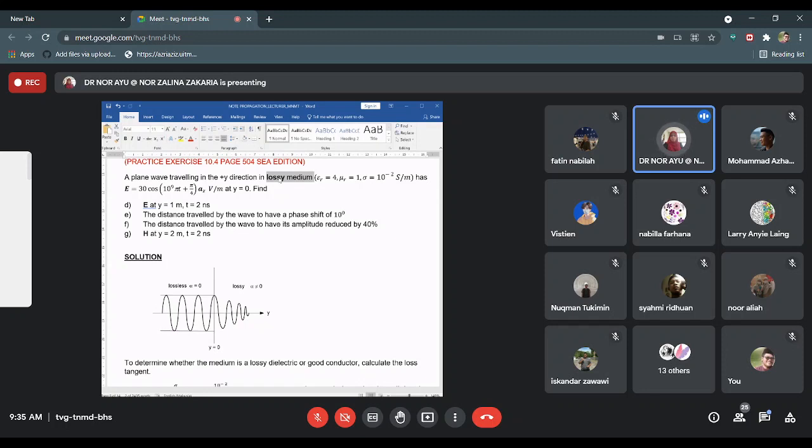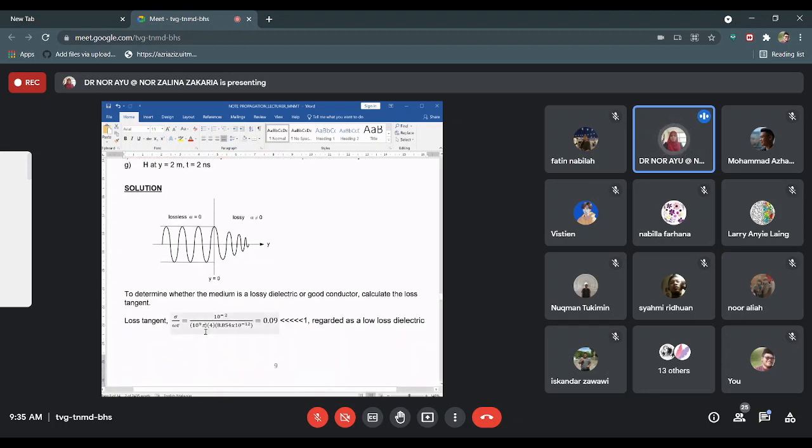Using this equation, substitute all the values given to you. You look here, the value is 0.09, which is less than 1. So of course this is a low loss dielectric.